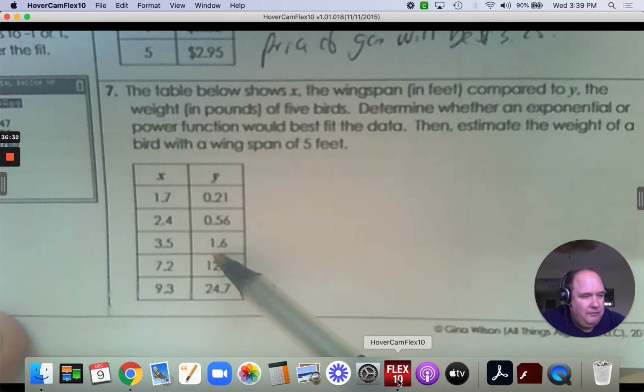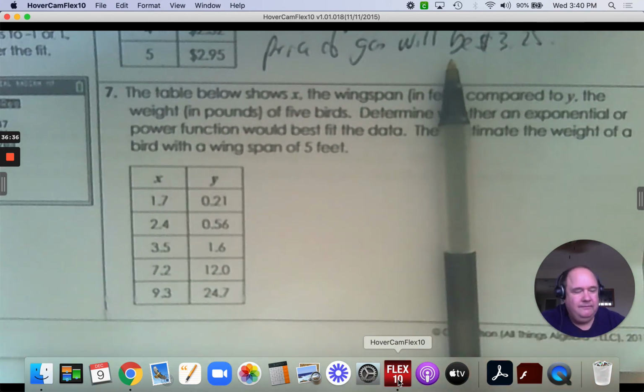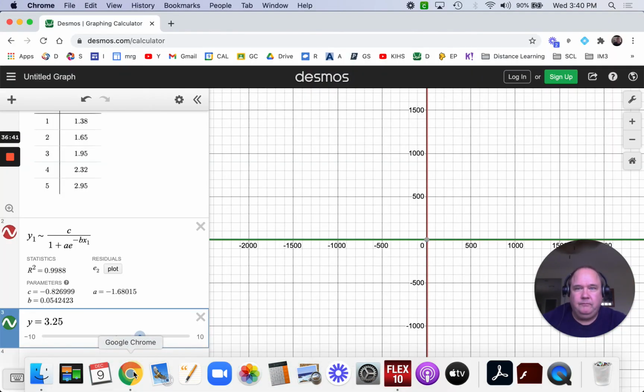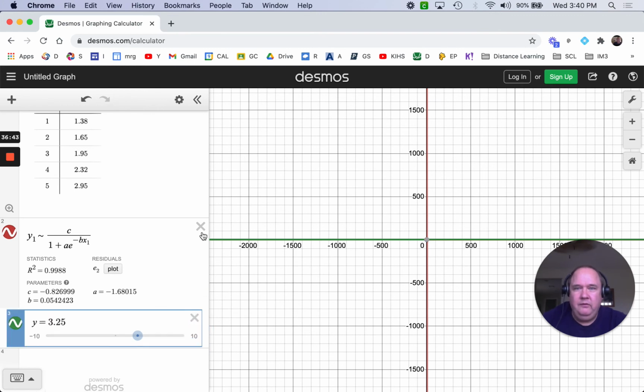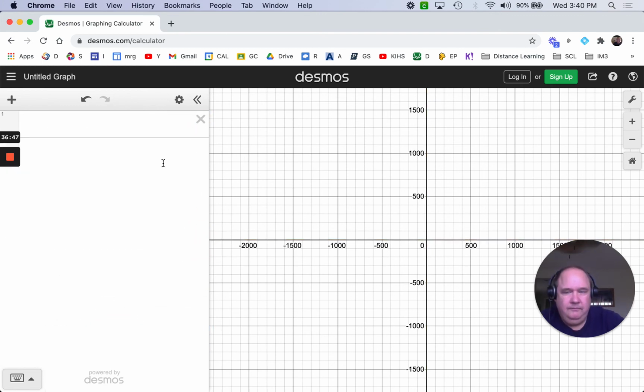All right, let's go from there. So the weight compared to the wingspan. Let's put that in, and make sure I know what each variable represents. So let's do a table.